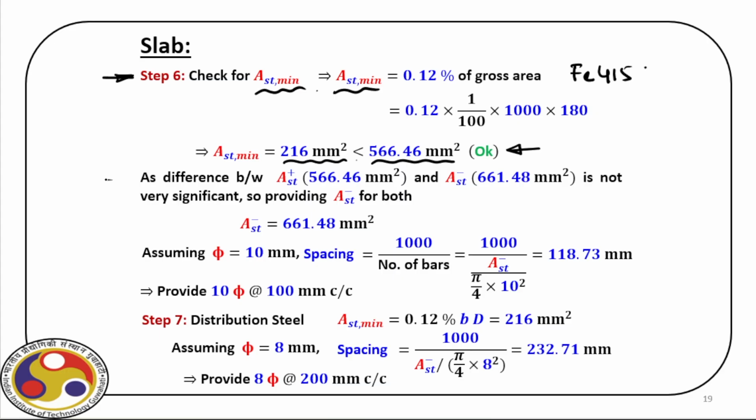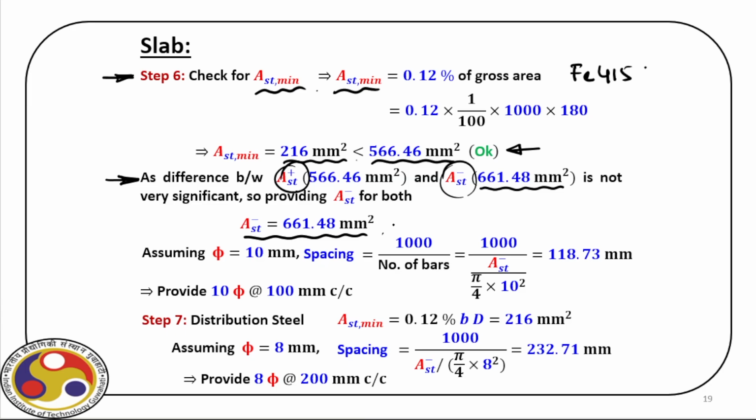Now, from this estimation, what we see is that AST positive and AST negative are not very significantly different. So for this problem, we can actually provide the same amount of steel, obviously the higher value of the steel, in both directions, for the positive as well as the negative case.